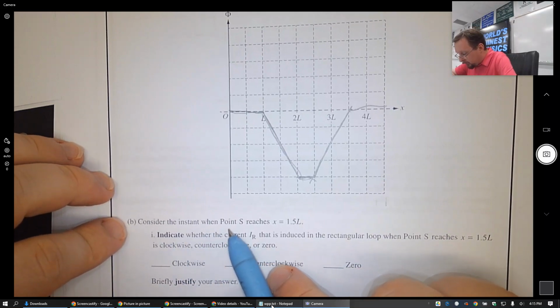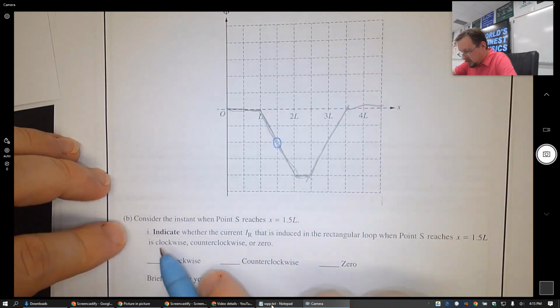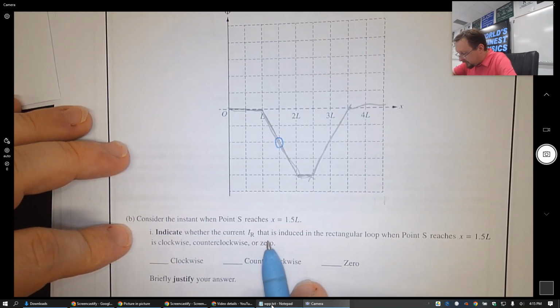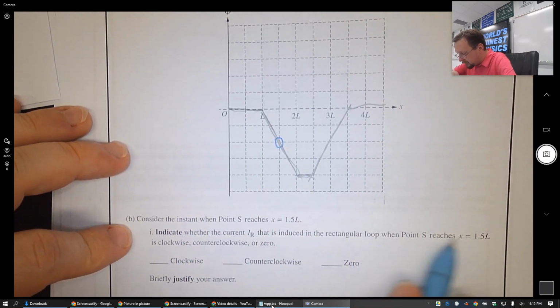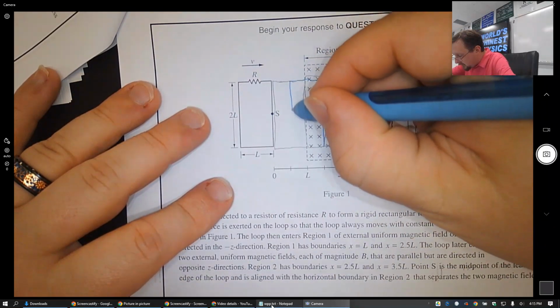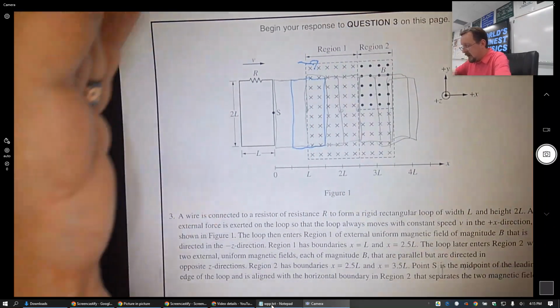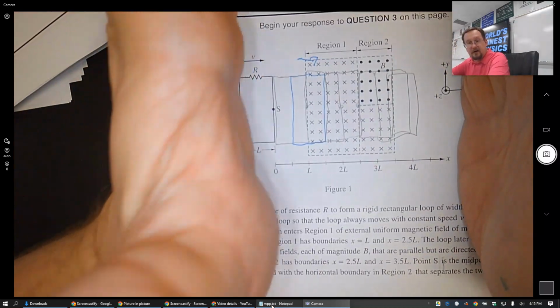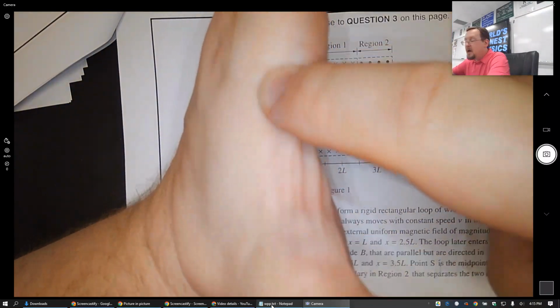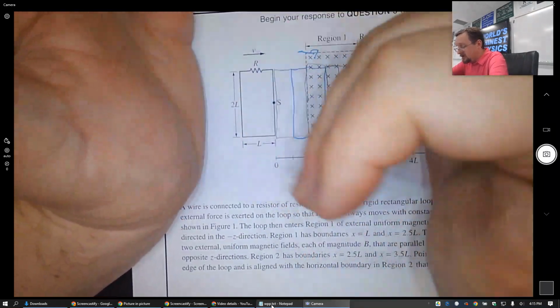Consider the instant when point S reaches 1.5 L. Indicate whether the current that is induced in the rectangular loop is clockwise or counterclockwise. Okay, so when we're at 1.5, we're moving into the field with an increasing flux. I teach my students that for an increasing flux, they use their left hand, because that is the negative of Lenz's law. For a decreasing flux, you use your right hand.